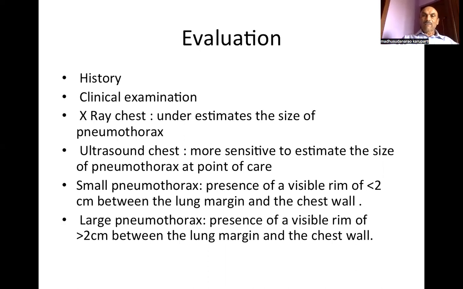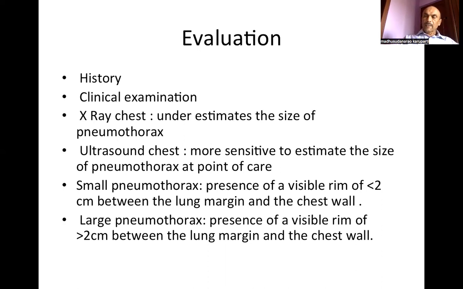Okay, having recorded the clinical findings, you suspected the pneumothorax, large pneumothorax, tension pneumothorax, etc. Go with the chest X-ray, the erect posture.